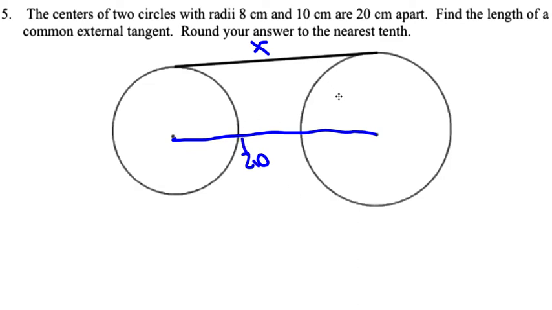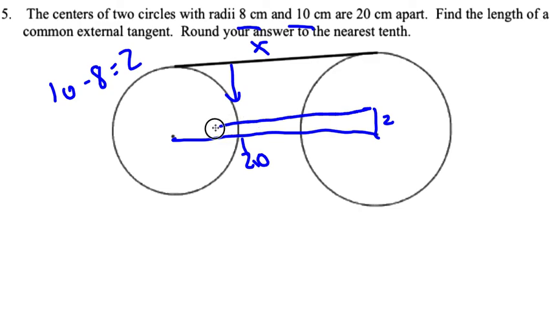Now, here's the issue. These are 8 and 10 centimeters, which means the difference, that is 10 minus 8, is 2, which means one of these lengths is only 2 centimeters. And it means that when we draw this line parallel down here, making our right triangle, we get this itty-bitty right triangle, because there's only 2 here.